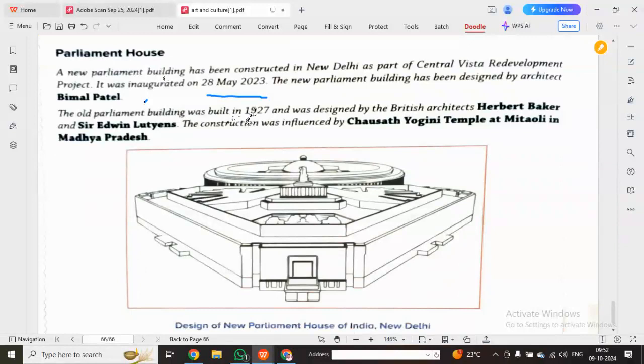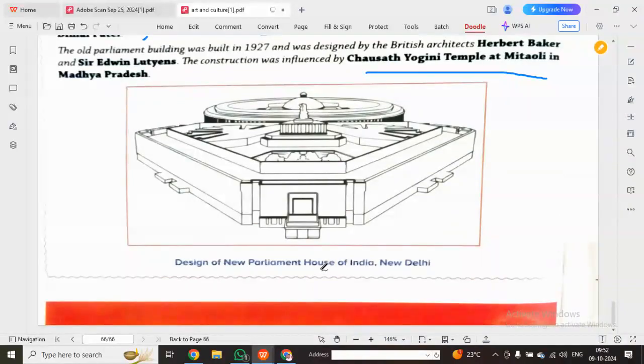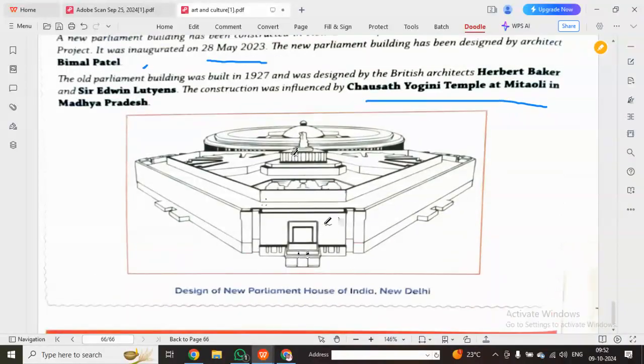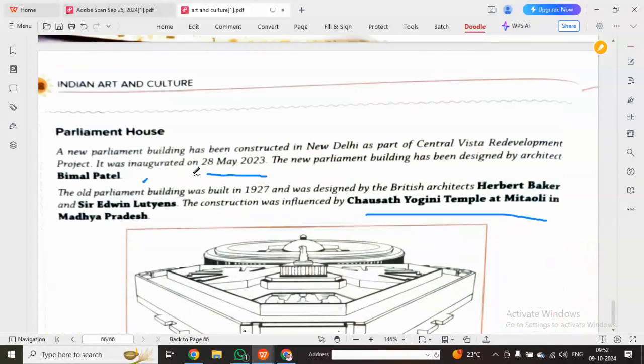Parliament House. A new Parliament building has been constructed in New Delhi as a part of the Central Vista Development Project. It was inaugurated on 28 May, by architect Bimal Patel. The old Parliament building was built in 1927 by Herbert Baker and Lutyens, British architects.